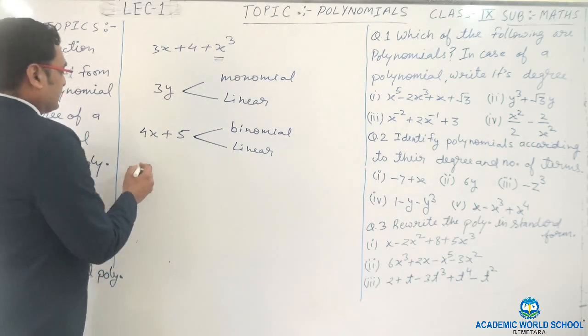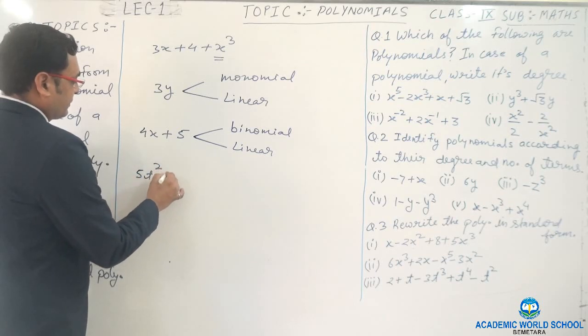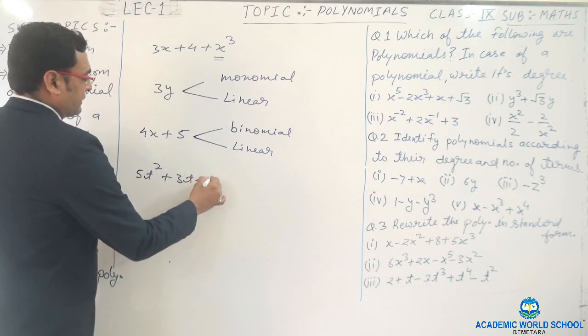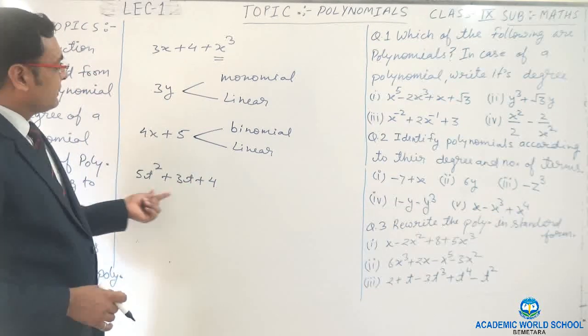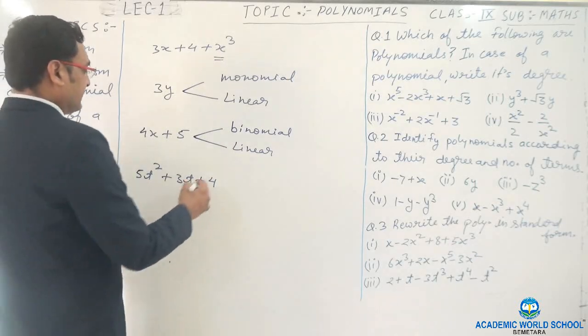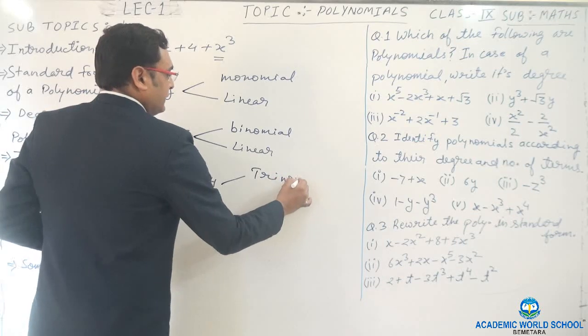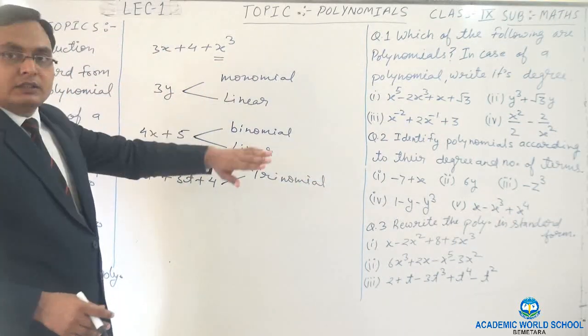Further, suppose there is a polynomial like this, 5t square plus 3t plus 4. This polynomial is having 3 terms. Because it is having 3 terms, it is trinomial. Mono is 1, so monomial.